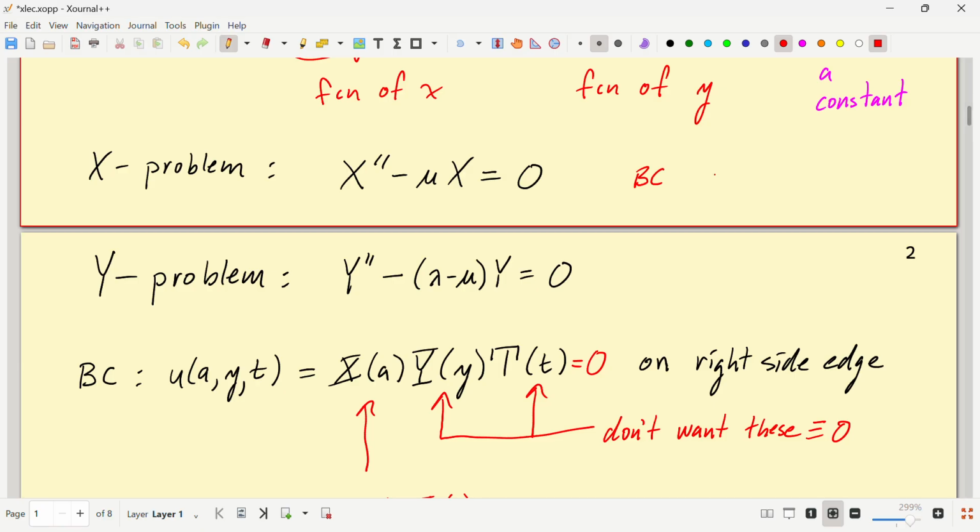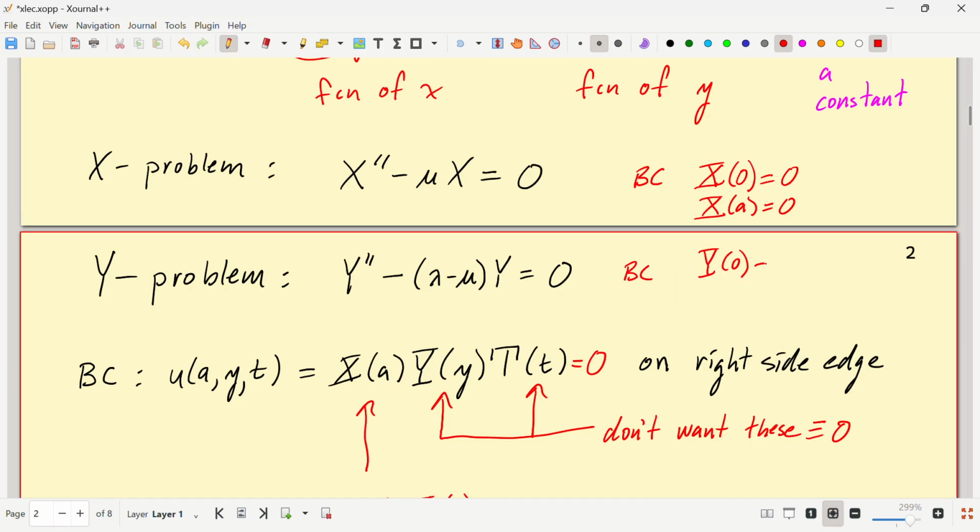Namely, we need X of 0 is equal to 0, and X of a is equal to 0. The left endpoint and the right endpoint in the x variable need to be 0. And for the y problem, it'll be Y at 0 is 0, and Y of b is 0.